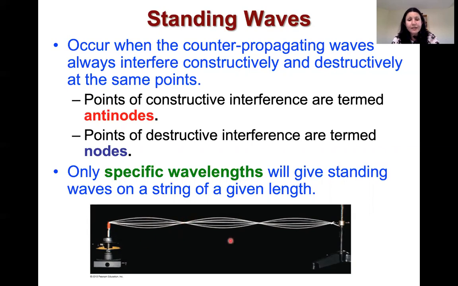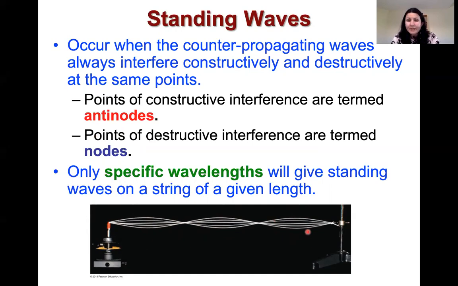Over here, that interference is constructive. Points of destructive interference we call nodes, and points of constructive interference, right here and right here, we call antinodes.